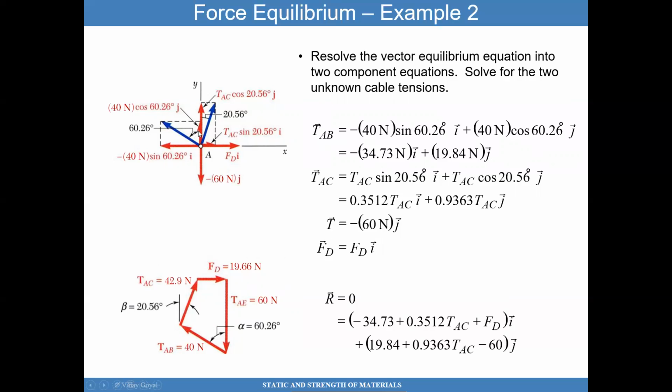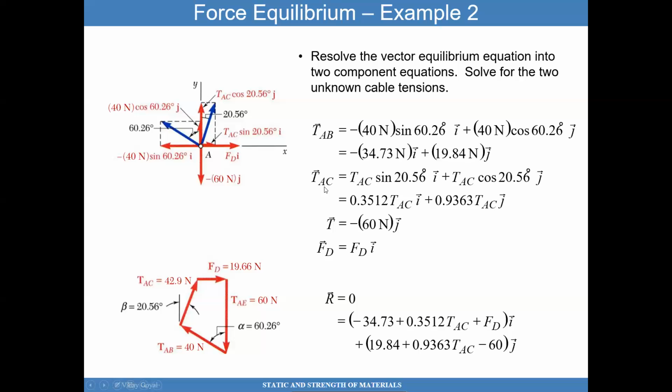If this angle is 60.26, then this load of 40 newtons can be projected onto the x-axis, and that'll be 40 newtons times the sine of 60.26 i hat, negative because it's acting in the negative orientation to the x direction, plus 40 newtons projected onto the y-axis, 40 newtons times the cosine of 60.26 j hat. And when I resolve this, I get minus 34.73 newtons i hat plus 19.84 newtons j hat.